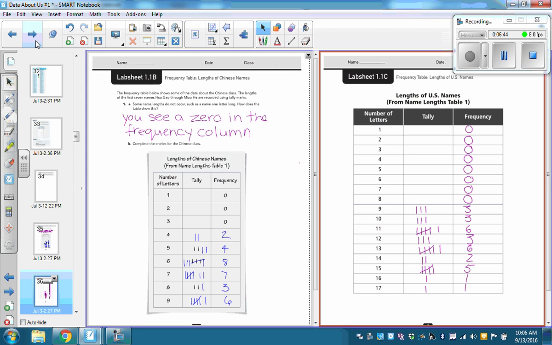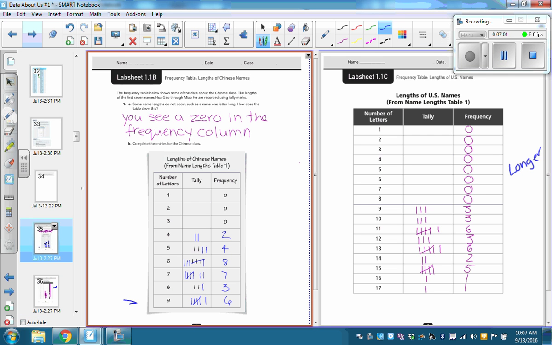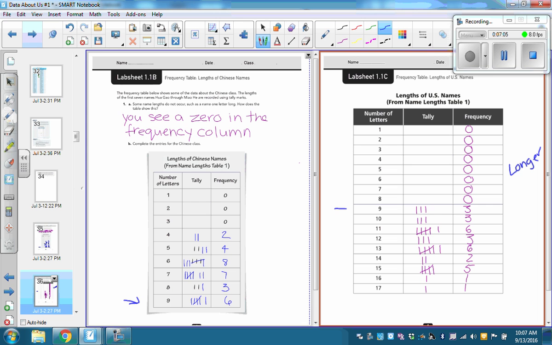We noticed that the US names seem to be longer in general than the Chinese names, because the longest Chinese names had 9 letters, and that was actually the shortest US name.